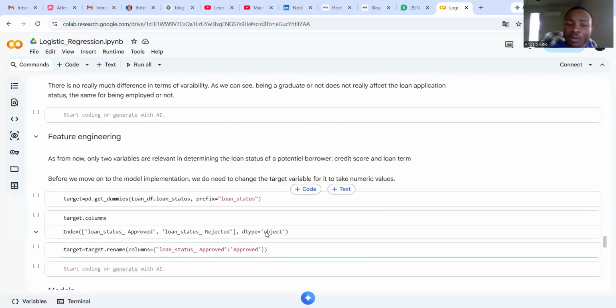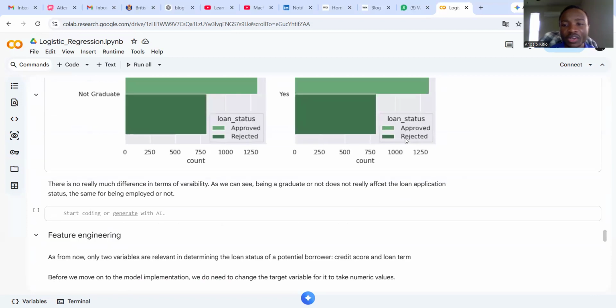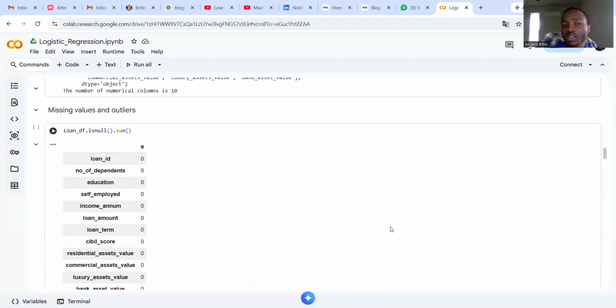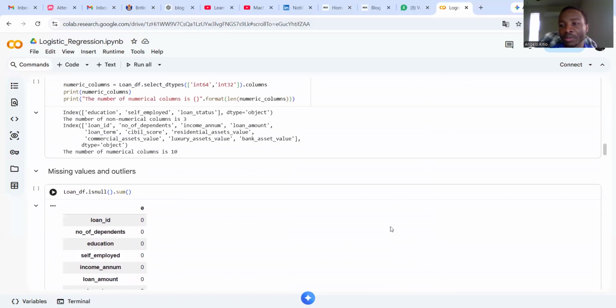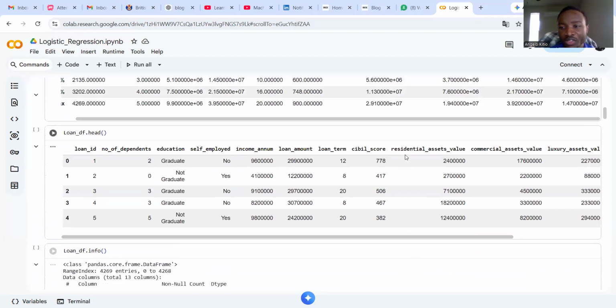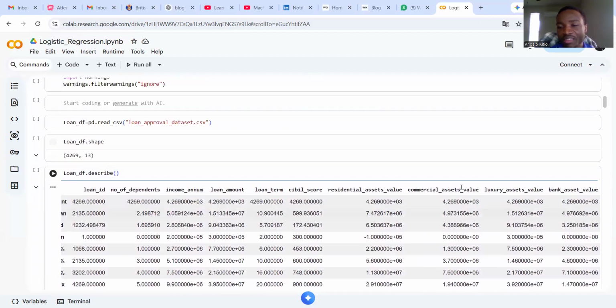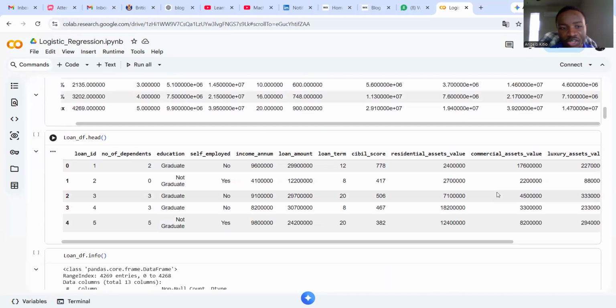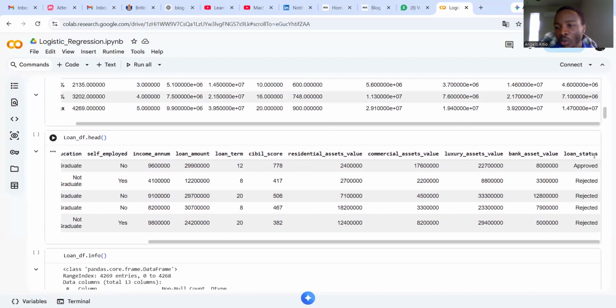Yeah, and then the last thing that I want to talk about is that in the data set, we need to do one feature engineering step. Feature engineering is usually transforming some of the variables into something that would make sense for the model. You can see here the loan status, which is the target variable.